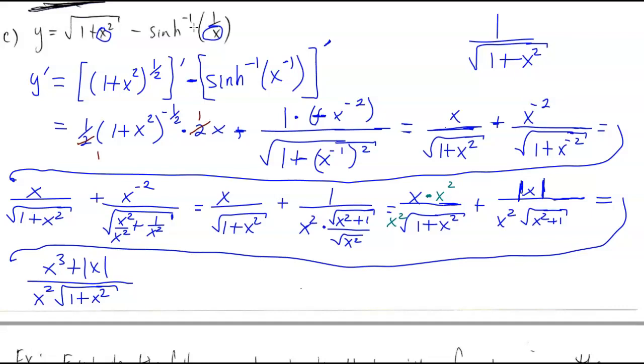If you look at the domain for the derivative of hyperbolic sine inverse, you'll see that because that x is squared, you can plug in any x value that is positive or negative. You will never get 0 in the denominator.